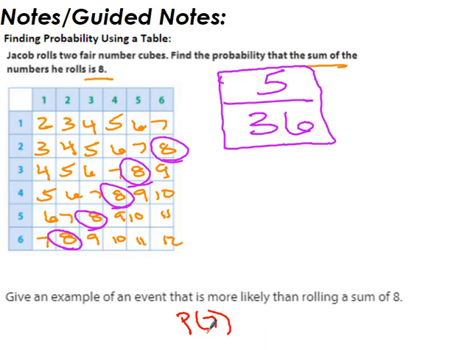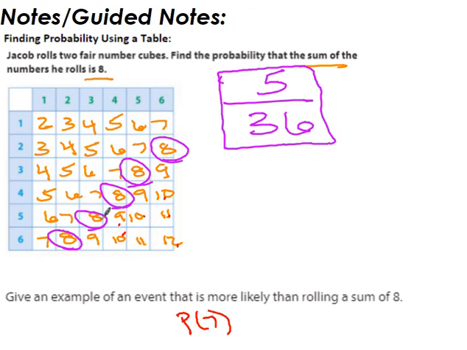I could also say the probability of rolling a number that's greater than 8 would be an example, because there are 1, 2, 3, 4, 5, 6, 7, 8, 9, 10 possible ways of rolling a number larger than 8. You can also say less than 8. There are a lot of possible answers here. But the single number that's more likely to happen than rolling an 8 is a 7.